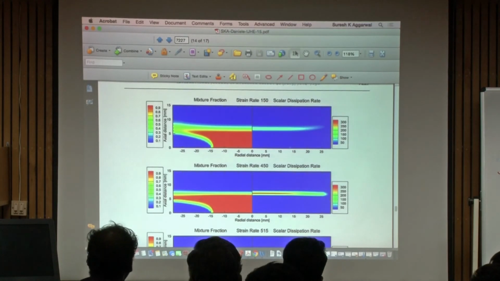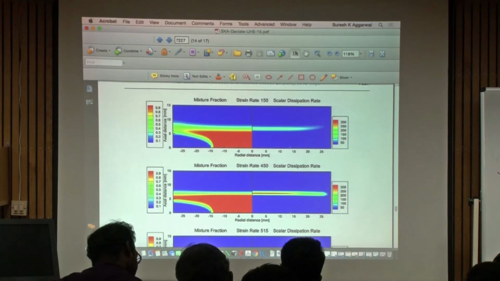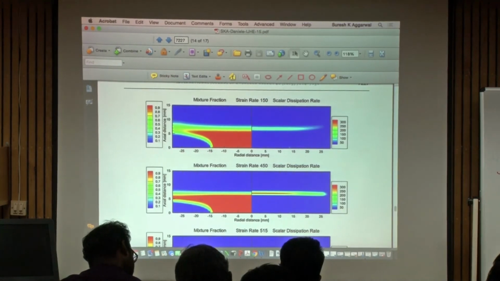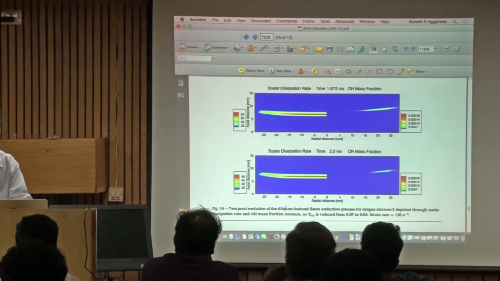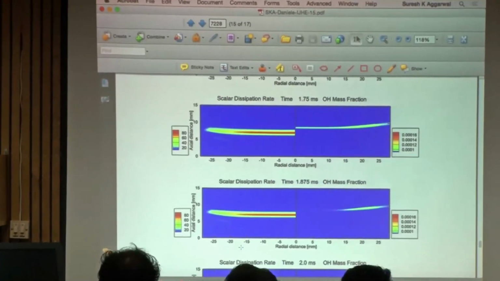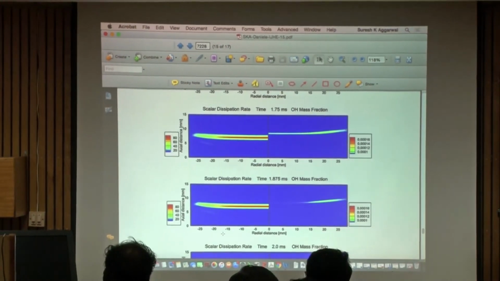Now this has the capability to look at the transient extinction phenomena, like we have a flame and how the flame will extinguish. When the mole fraction of oxygen was 0.07, you get a flame very close to extinction.